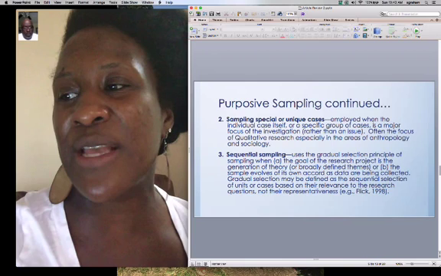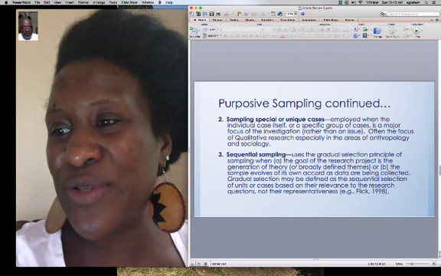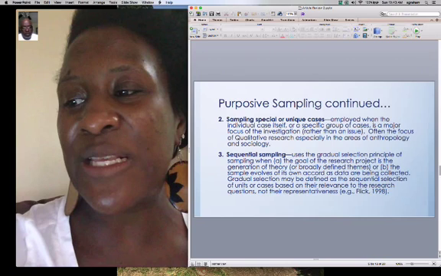It uses the gradual selection principle of sampling when the goal of the research project is the generation of theory or broadly defined themes, or the sample evolves of its own accord as data are being collected. Gradual selection may be defined as the sequential selection of units or cases based on their relevance to the research questions, not their representativeness.